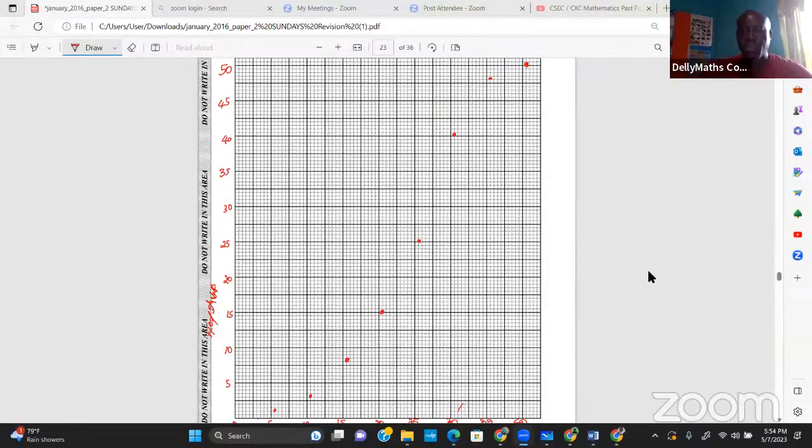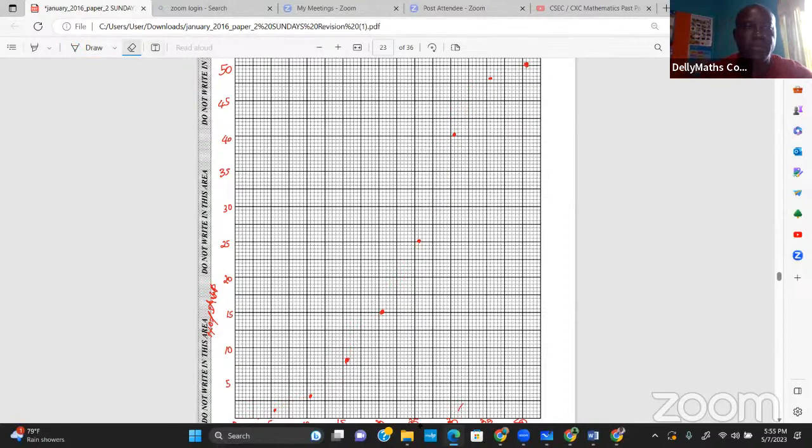Understood. All right, so what we're going to do now is just draw our curve. This is what we have. All right, so there it is. I hope it doesn't disappear.